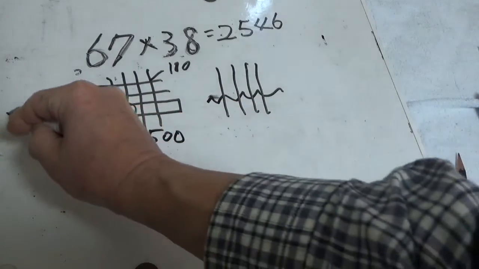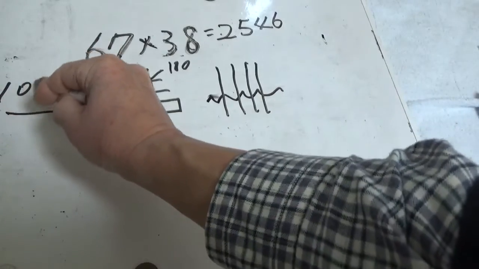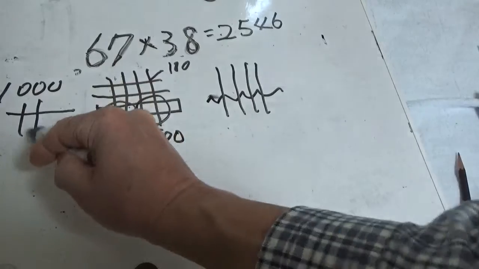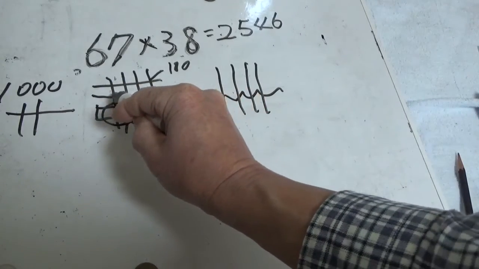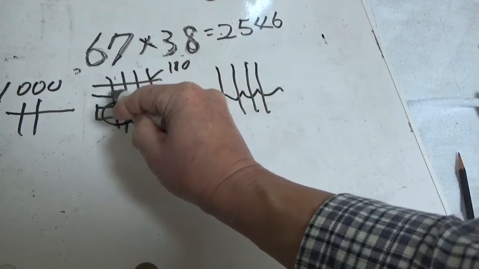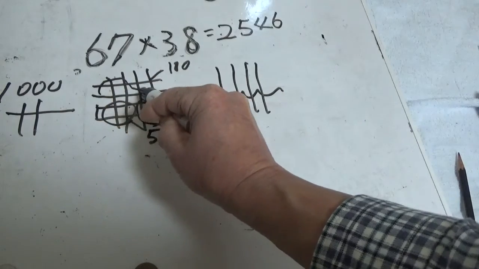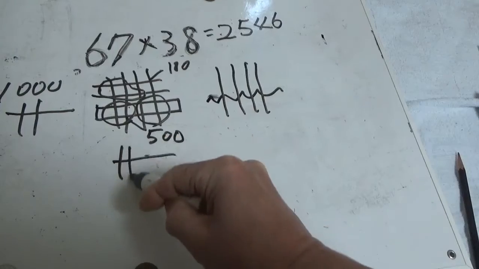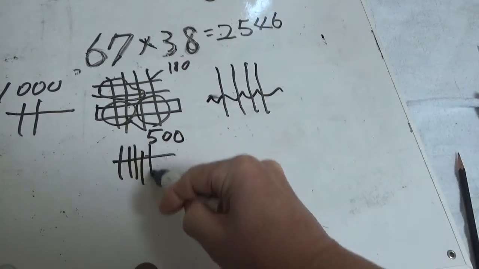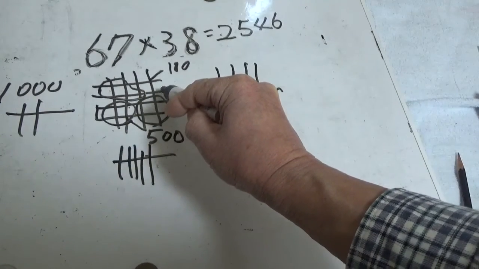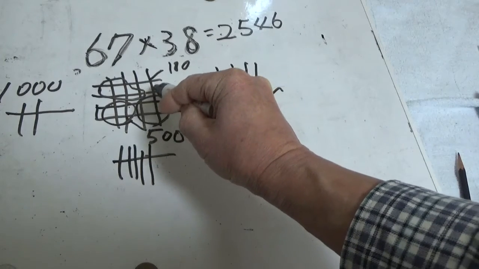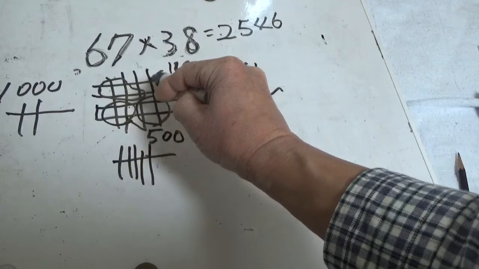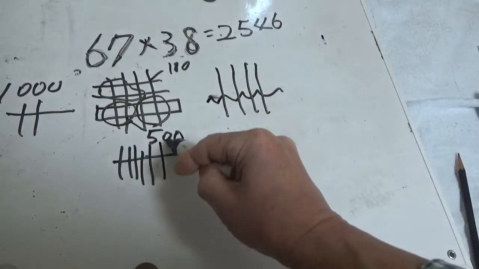This is 1000. This is another 1000. This is 1, 2, 3, 4, 5. 500. And 5, 6, 7, 8. 800.